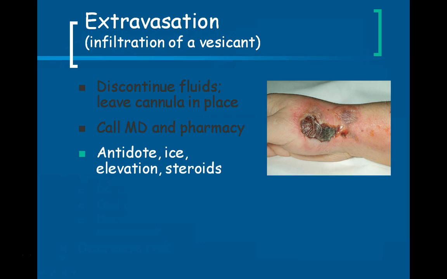Sometimes if the patient's getting a solution that's very irritating, the physician may choose to start a central line because that is an IV that goes into a much larger vein, and the solution that's irritating gets diluted quicker and there's less chance of damage. If you have an irritating fluid, you want to avoid the hand and wrist, which is exactly what didn't happen in this picture.